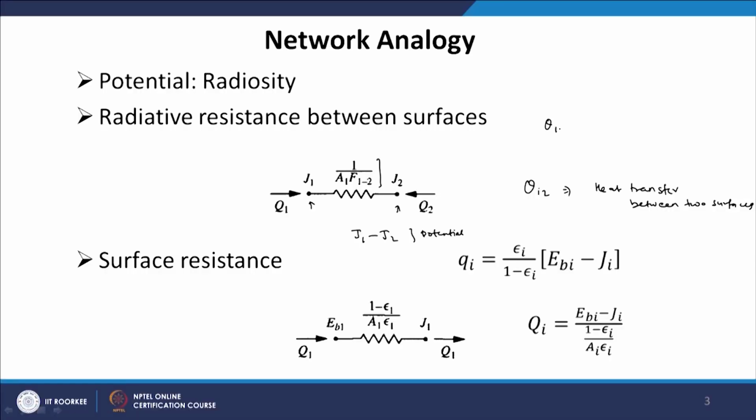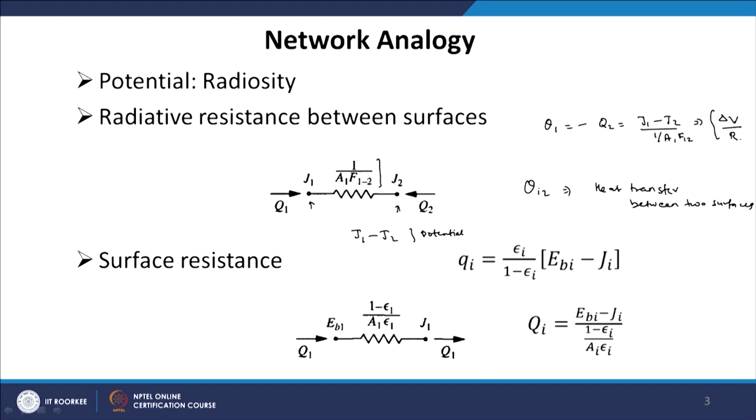If we know the radiosities, using the method of electrical analogy, we can calculate the current, or heat transfer. Q1 is equal to minus Q2, equal to J1 minus J2 upon this resistance 1 upon A1 F12. This is the potential, which we basically write in electrical analogy as delta V, and this is the resistance we write in electrical analogy.